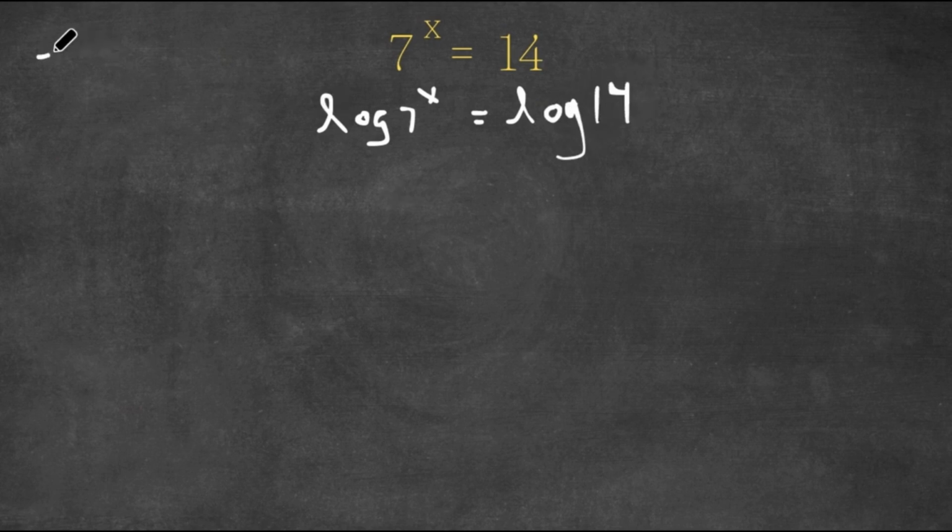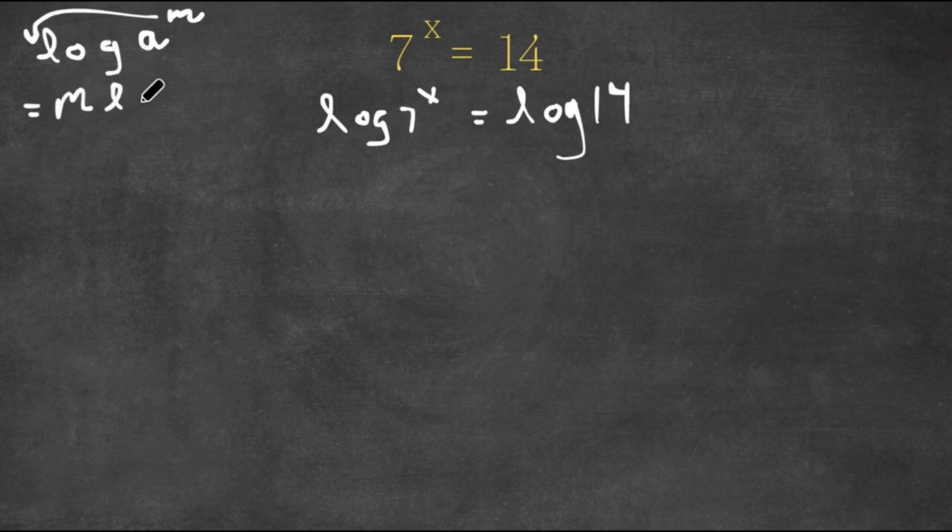Now, if we have something in the form log of a to the power of m, the power property of logarithms states that we can actually move this exponent m to the front of the logarithm. So this is going to equal m times log a.